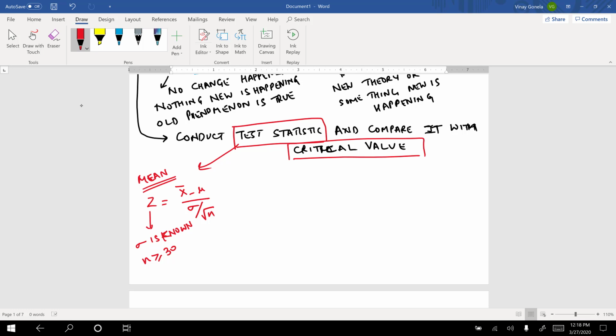The critical value for z, if we have two kinds of problems, two tail and one tail. A two tail is where we are evaluating on both sides of a normal distribution curve. One tail, we are evaluating only on one side of the normal curve.